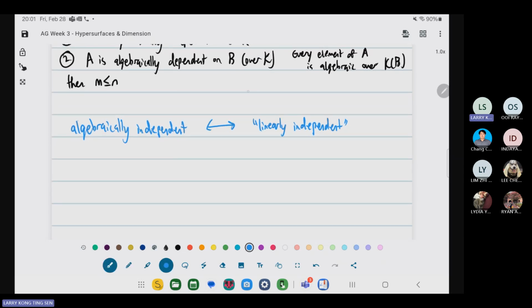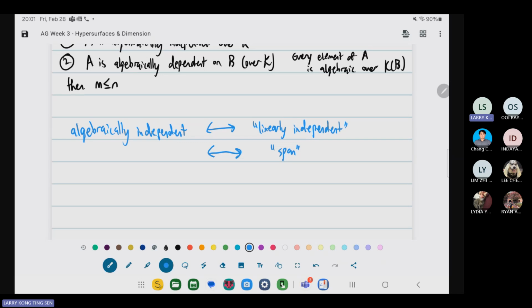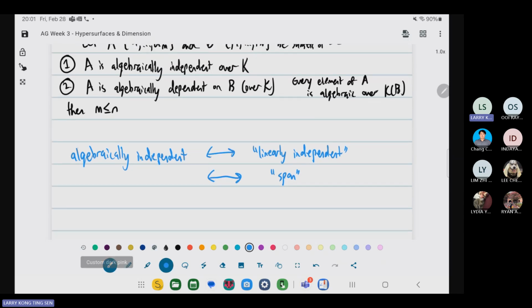And so we have a linearly independent analog, and we also have a span analog. In this case, this is precisely the second condition.